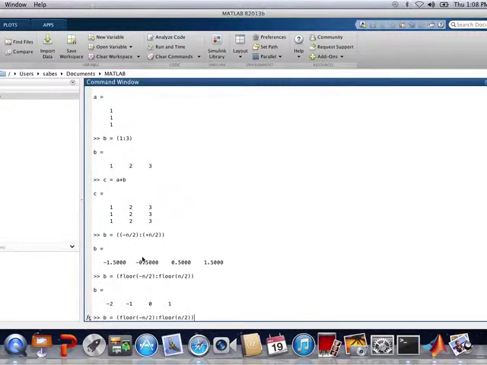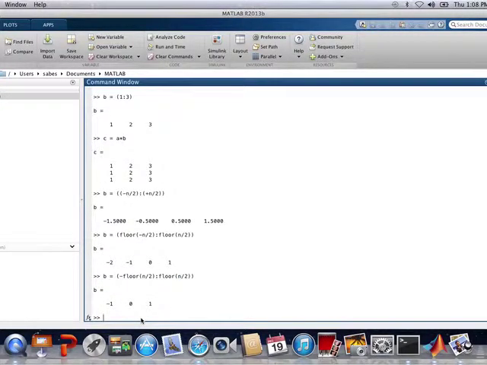However, this is not quite what we want yet, because we want it to start from -1 and not from -2. And we realize this happened because I put the negative sign here, but this would probably take care of it.